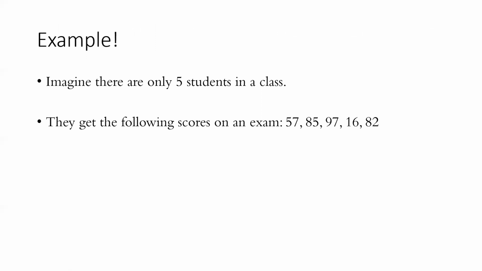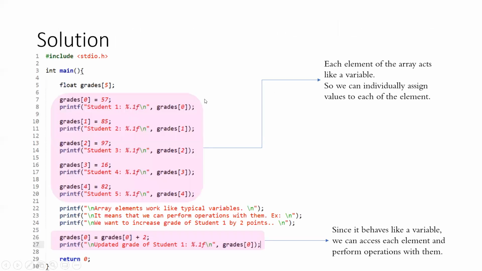Looking back to our previous example, imagine there are only 5 students in a class, and again we have these scores. What we can do is treat each member of the array as an ordinary variable, right? First, we declare our array: we declare the array grades with data type float with 5 elements.